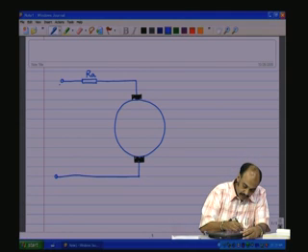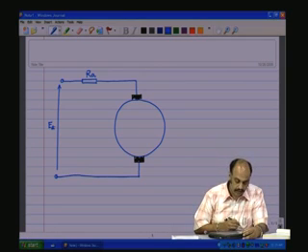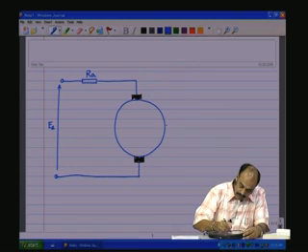There is a source voltage which is applied, and we call that one as EA across the terminals of the motor, and the armature of the motor is connected to a shaft, which may be coupled to a mechanical load.